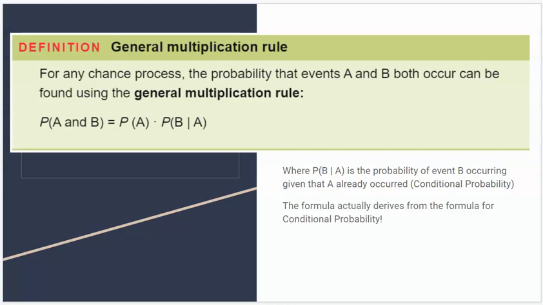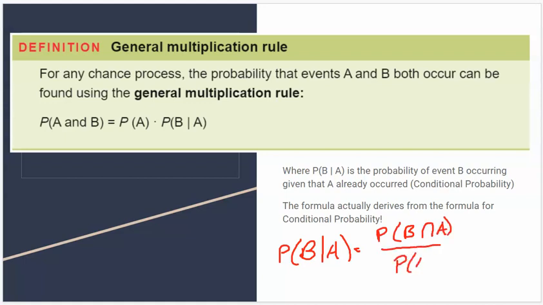If you actually notice, this comes from the conditional probability formula, and let me show you how. First, let's take a look at our conditional probability formula. It says that P of B given A is the same as the probability of B and A, all over the probability of A. There's something special about this formula: the P of B and A can also be written as P of A and B, since if they both happen at the same time, they can be written either way.